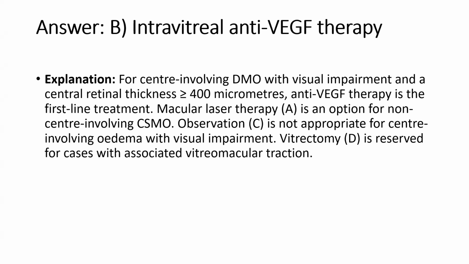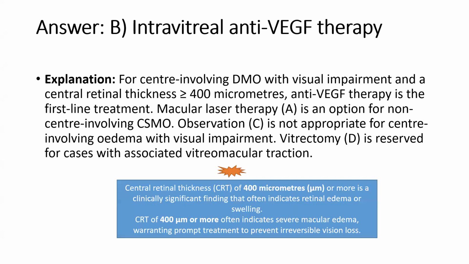For center involving DMO with visual impairment, as our patient had, and a central retinal thickness of more than or equal to 400 micrometers, our patient had a thickness of 420, anti-VEGF therapy is the first line treatment in this regard. Now, this comes from guidelines. But first of all, what is the meaning of this central retinal thickness and why is it significant if it is more than or equal to 400 micrometers?